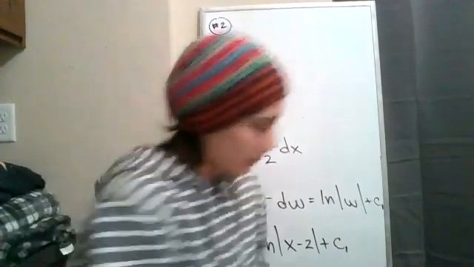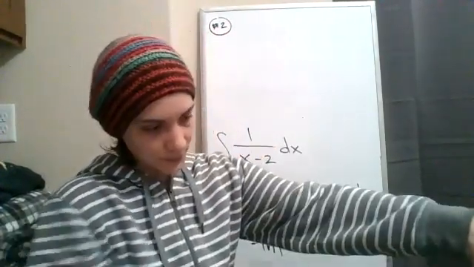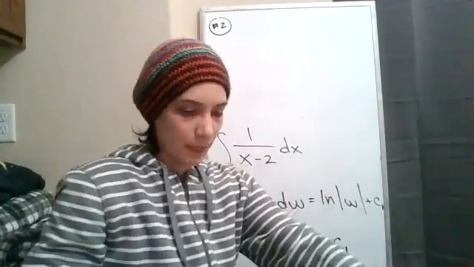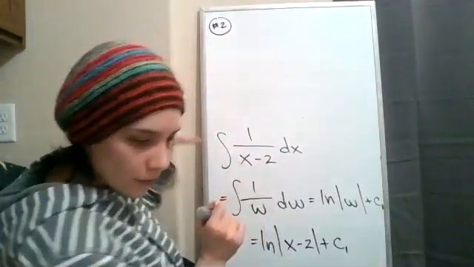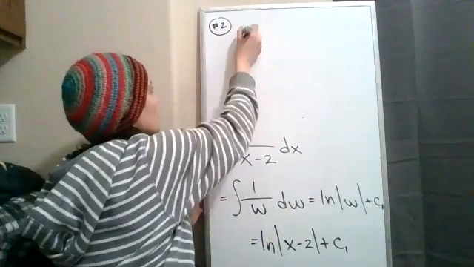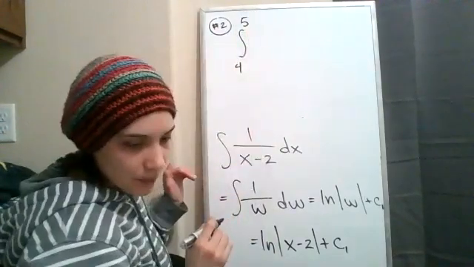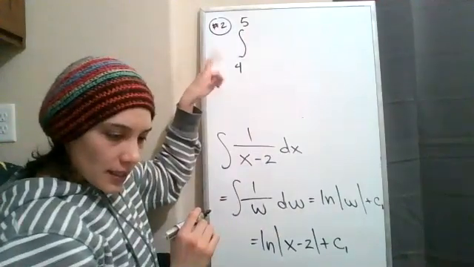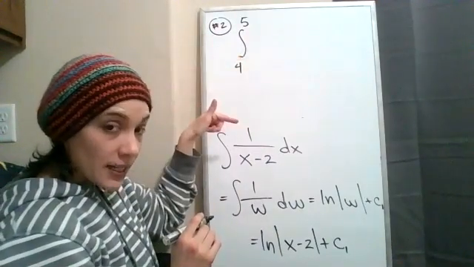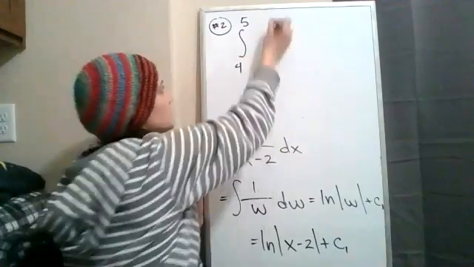And okay, number 2. We want to integrate from 4 to 5 the fraction 1 over 9 minus x squared.